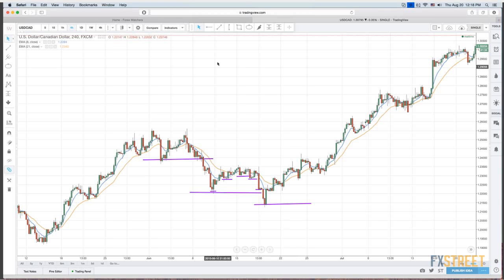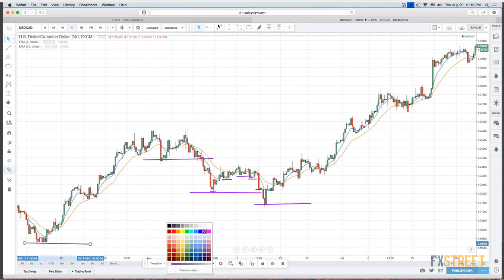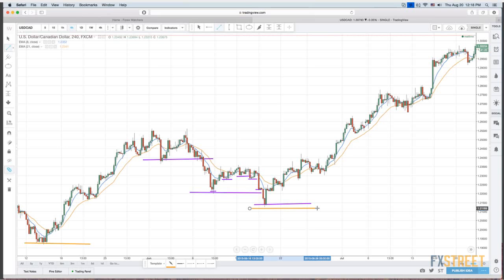Okay, there's the next thing, next question then. Or is this the detail? Here's the low, and then here's the next higher low. So, is it an uptrend from the orange lines, or is it a downtrend from the purple lines?